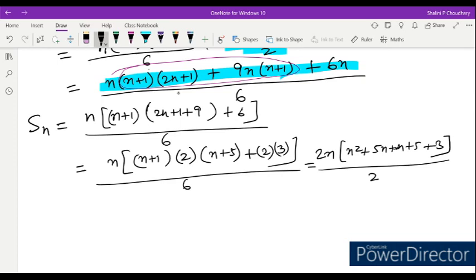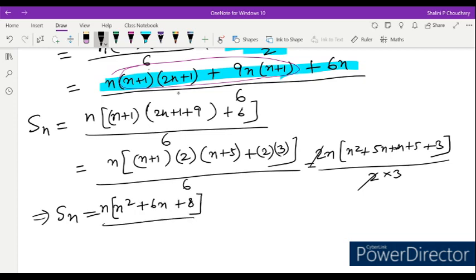6 we can write 2 into 3, 2 cancels, and so for Sn what value are we getting? n into n square plus 6n plus 8, divided by 3.